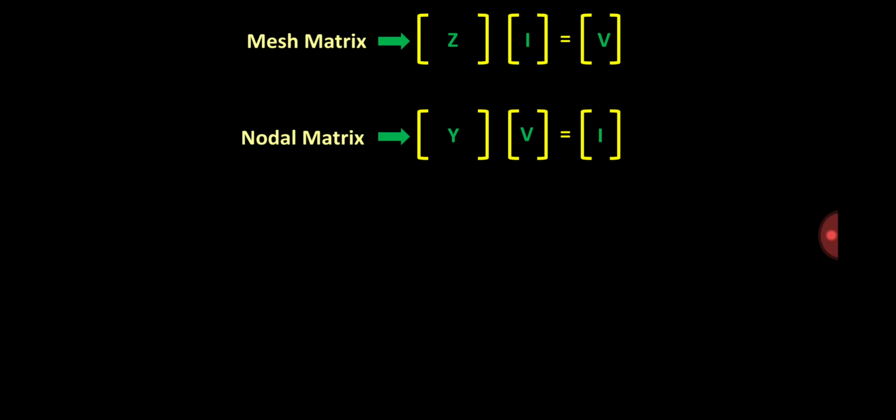Now what is admittance matrix? Basically admittance is reciprocal of impedance. So admittance Y is given by Y = 1/Z, and the unit of admittance is mho. Always mho is equal to 1 upon ohm. For example, if we have a resistance of 2 ohm, the admittance of 2 ohm will be 1/2.